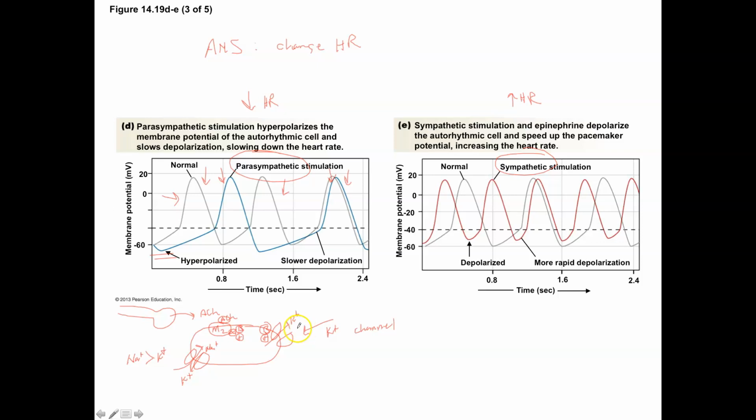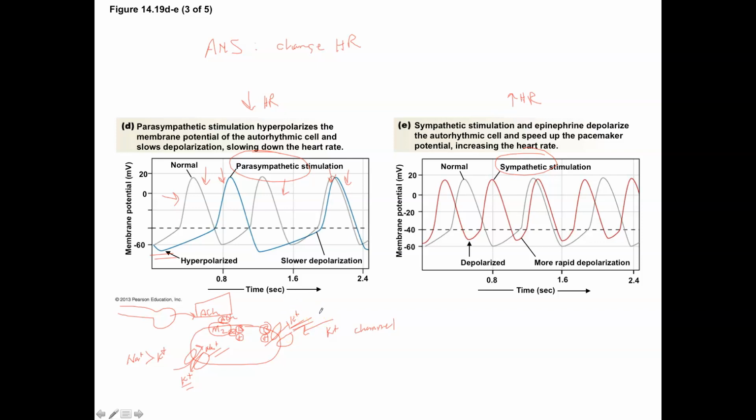So as the sodium is coming in, there's normally a small amount of potassium going out, but now there's a greater amount of potassium going out because of the influence of acetylcholine. So acetylcholine from the parasympathetic nervous system is activating these muscarinic 2 receptors, and it's increasing the amount of potassium going out of the cell.